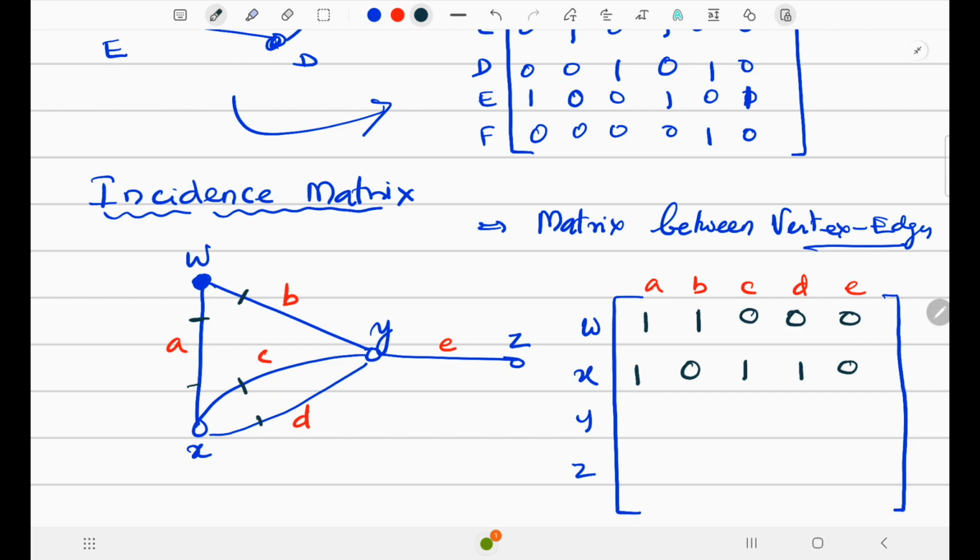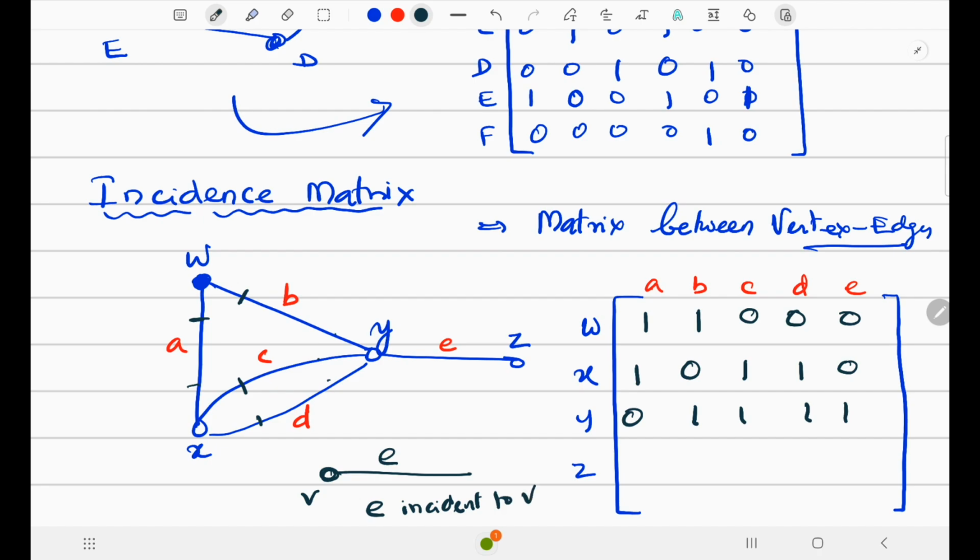Then Y has B, C, D, E. A is not incident, the rest B, C, D, E are the incident. That means what is incident? If any vertex is connected to any edge, then we can say the edge is incident to the vertex.